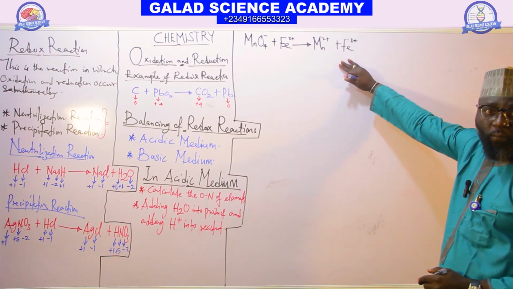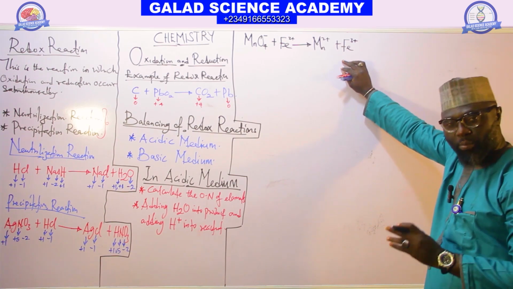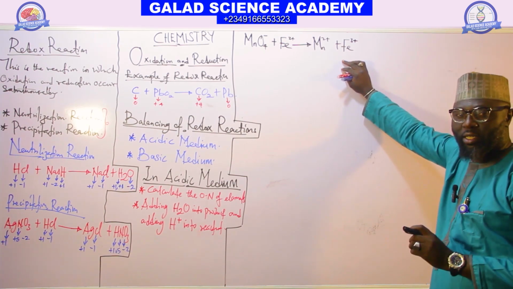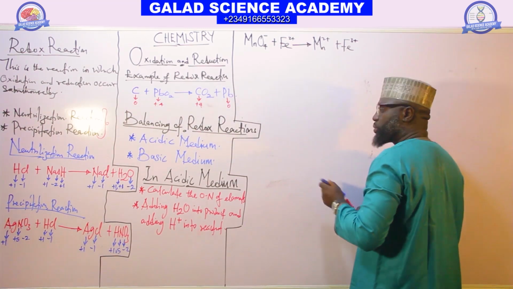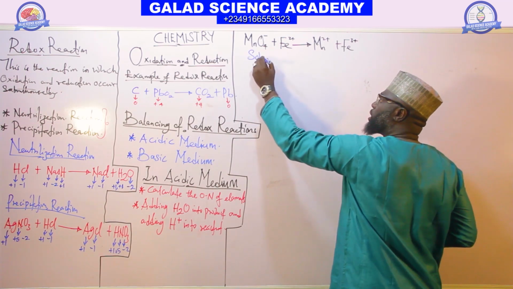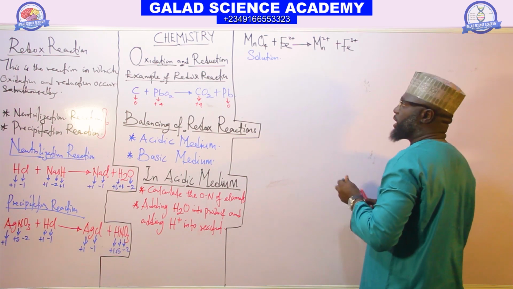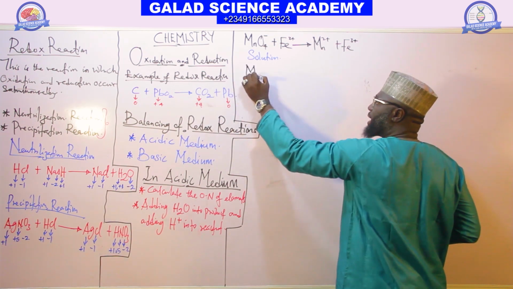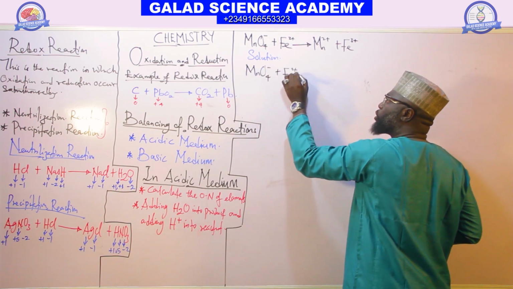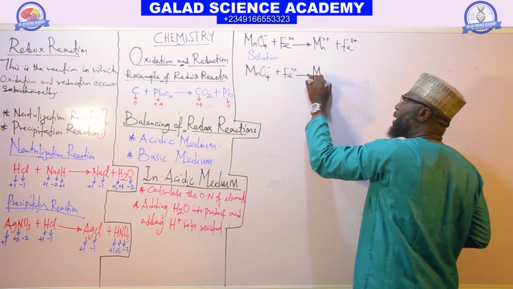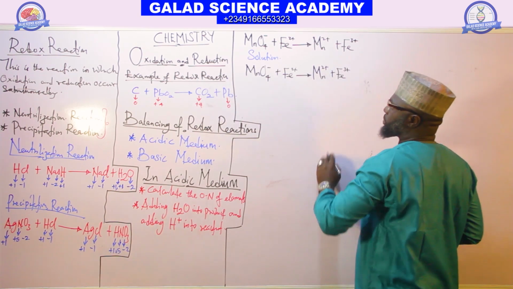We are given this equation and asked to balance it in acidic medium. Please don't forget what the first rule is. Solution: write down the equation again. We have MnO4 minus plus Fe2 plus to give us Mn2 plus and Fe3 plus.